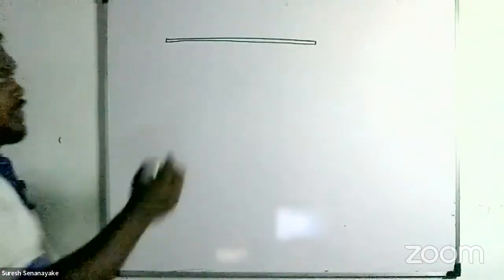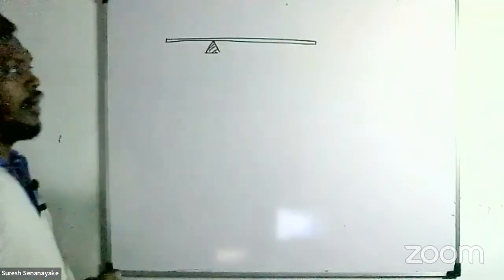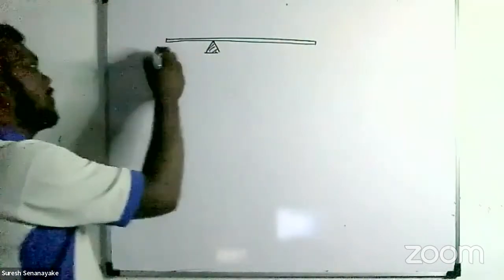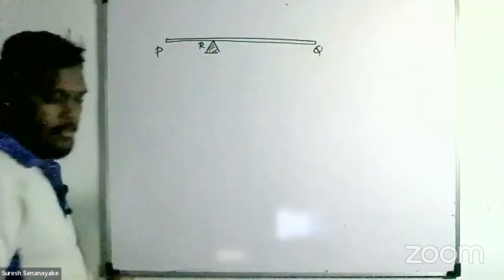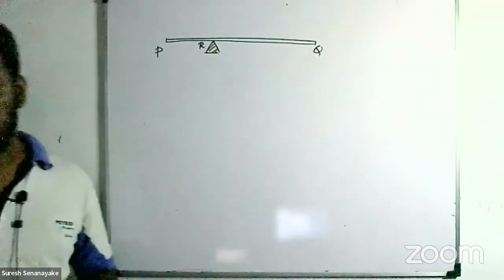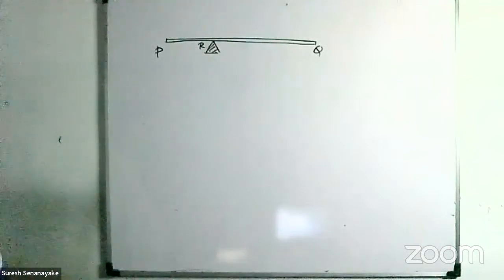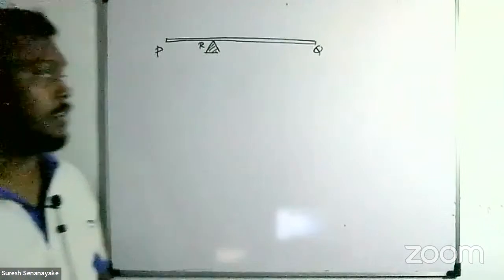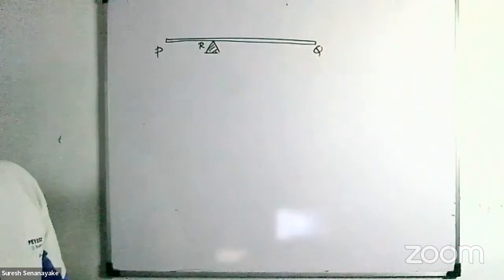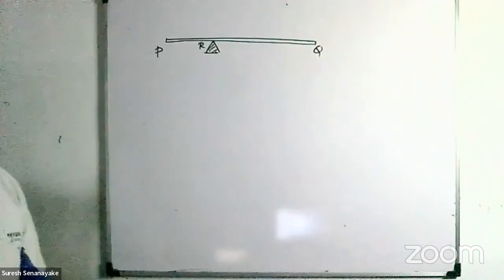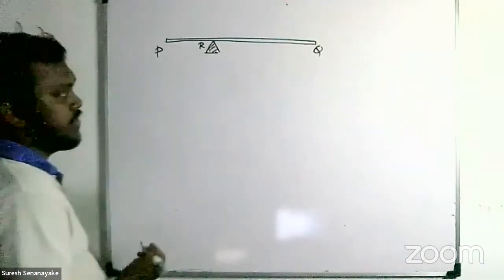Calculate the mass of a particle that must be attached at capital P to maintain the rod in a horizontal position.